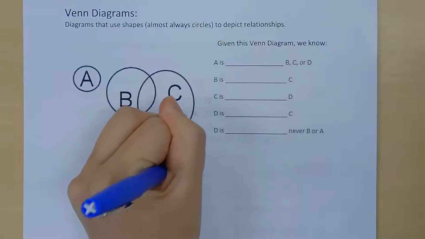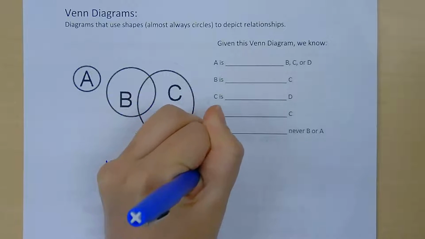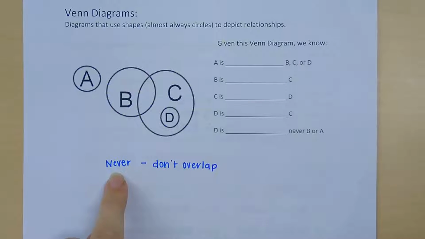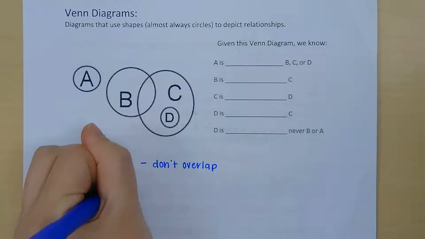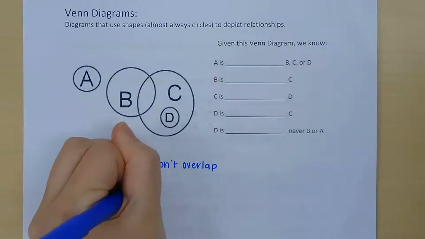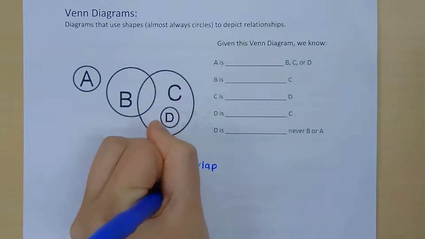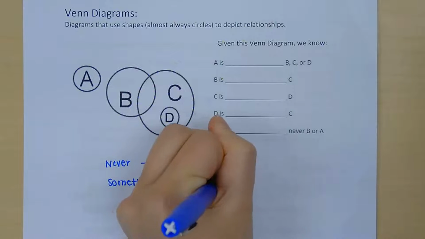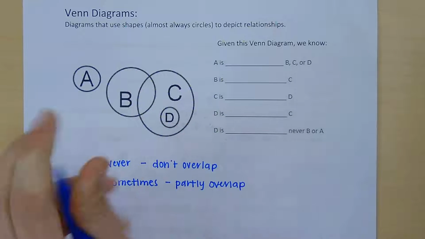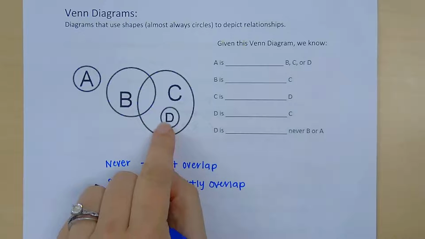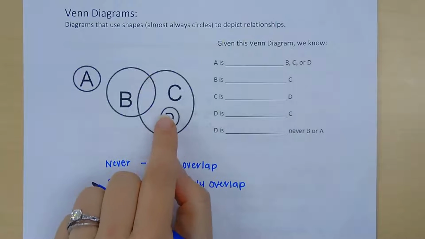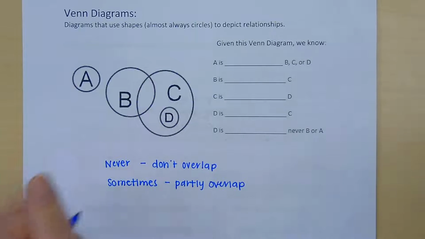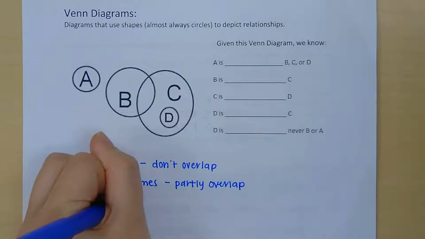So if they don't overlap, then they never relate. If they partially overlap, then they are sometimes going to relate. And if they completely overlap, or are inside the circle, then it is always going to relate.